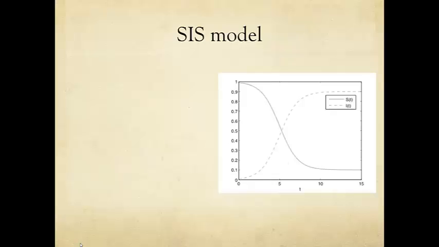Now, we say that model doesn't quite make sense, right? If you are infected, maybe you'll be able to come back to the susceptible state rather than staying in the infected state forever. And once you provide this path of state transition with a rate gamma, as you can guess, at equilibrium, as time goes to infinity, you won't have 100% of people in the I state, because there's always some people moving back.